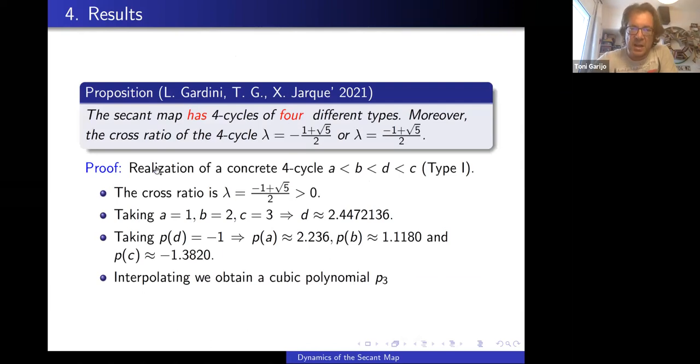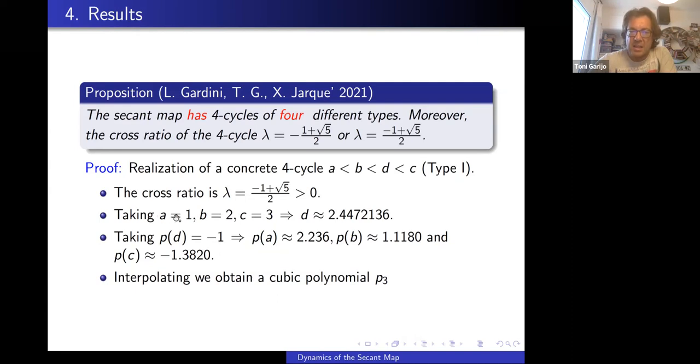Now we can prove that this 4-cycle exists. Basically, we fix 3 values, A, B, and C, equal to 1, 2, and 3. Using the cross ratio, you obtain the fourth point, and by fixing the value of the polynomial at one point, we obtain the value of the polynomial at the other points.